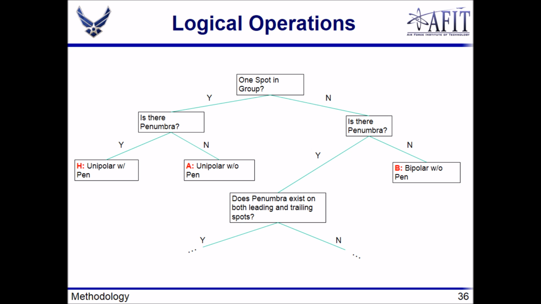We calculate all of the required information for the functions to work, and then we use this logical process to figure out what the appropriate classification would be. This one, for example, is part of the modified Zurich classification. There are other trees that would look similar for the other parts of the classification.